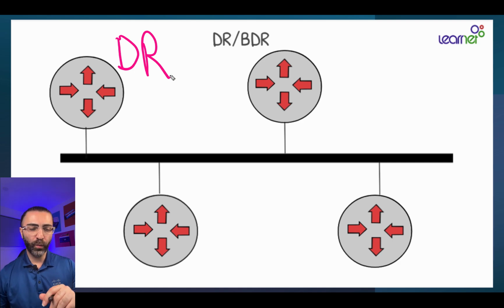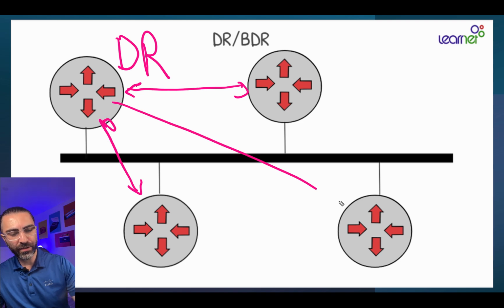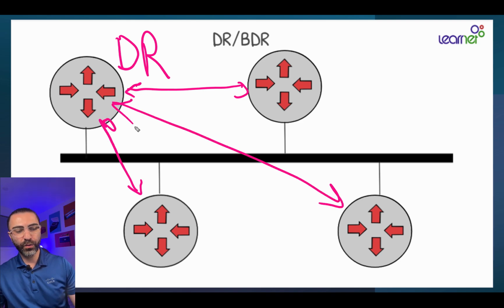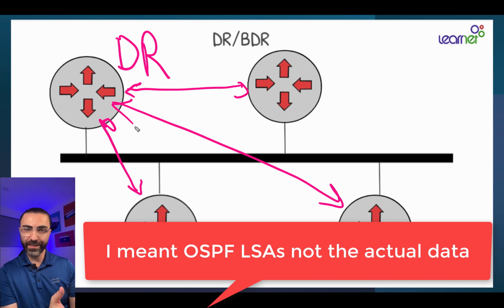All other routers will send their updates to this designated router, and it is the designated router's responsibility to send the information to all other routers. So we don't have a mesh conversation between the routers. Everyone sends their data to the designated router, and the designated router will send the data to the others.